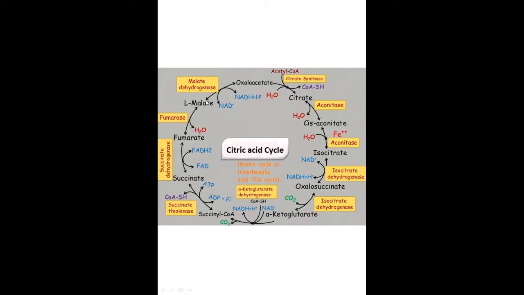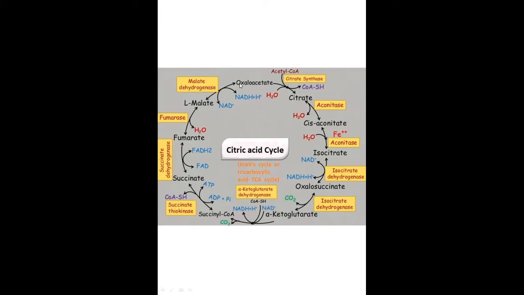Now, this reaction is reversible, and if this occurred outside our body, the equilibrium of this reaction would favor the conversion of malate from oxaloacetate, not malate to oxaloacetate. But in our body, malate is always converted to oxaloacetate.